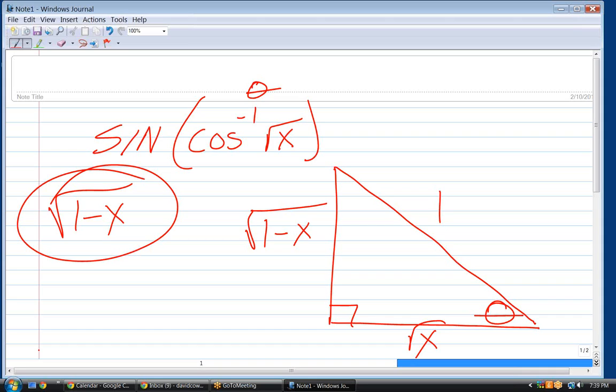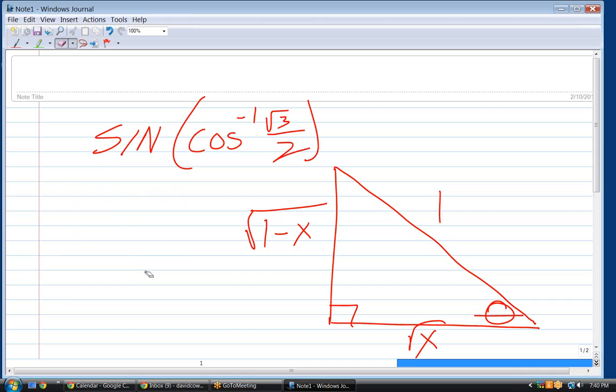We could substitute numbers to prove all of this, but we don't really need to. This would be an easier problem if they said the inverse cosine of root 3 over 2. That allows me to draw the triangle and label it root 3, 2, which makes that 1.